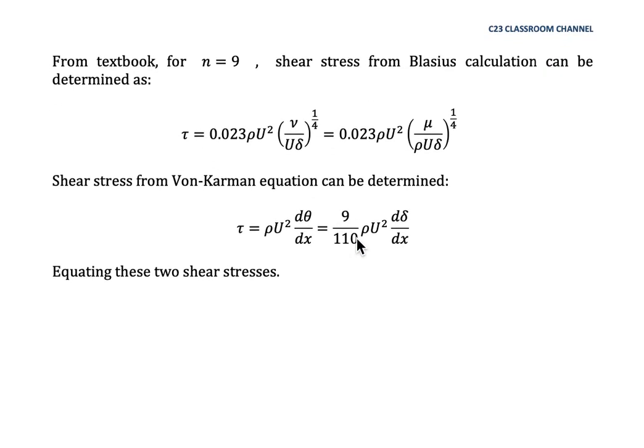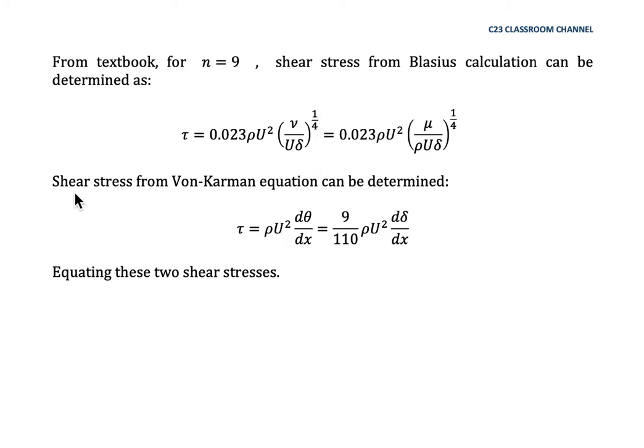Then we need to do the von Karman equation calculation using the Blasius value of shear stress. From the textbooks, the shear stress from the Blasius calculation can be determined as 0.023 rho u square times nu over u delta to the power of 1 over 4.